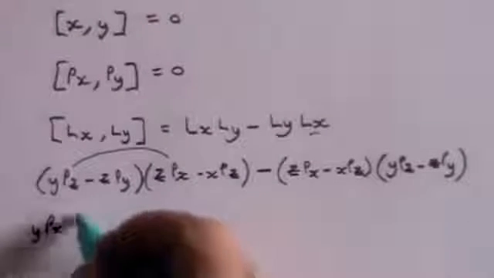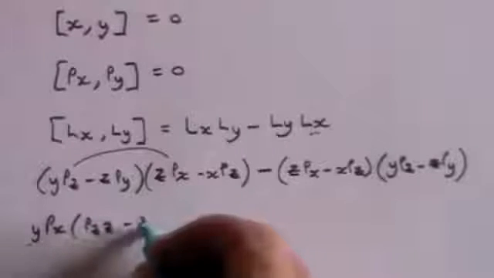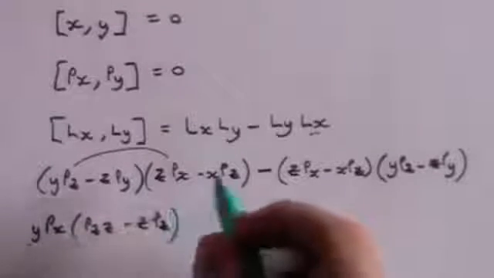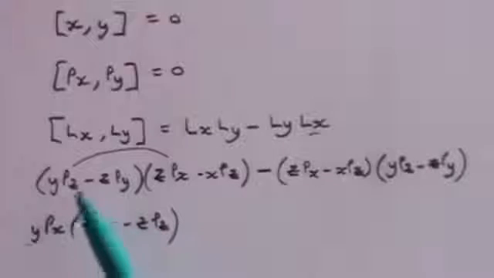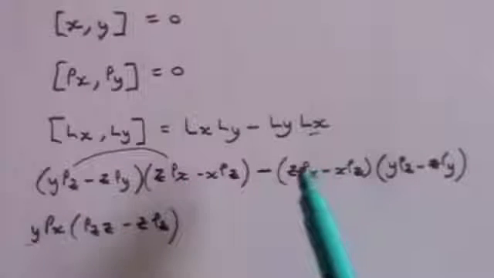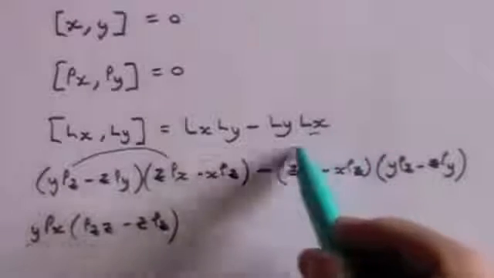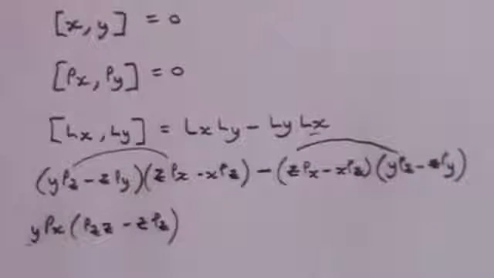But then you're going to get into pzz minus zpz. Right, y, px, pzz will come from that product. Y, px, z, pz comes from the similar product here.